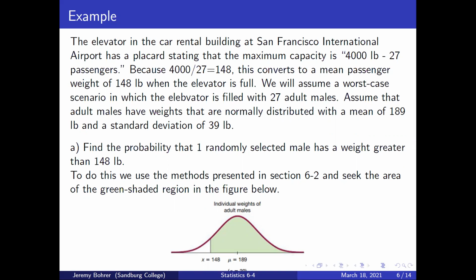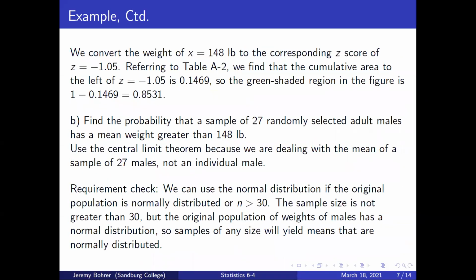To do this, we use the methods presented in section 6.2 and seek the area of the green shaded region in the figure below. We convert the weight of x equals 148 pounds to the corresponding z-score of z equals negative 1.05. Referring to table A2, we find that the cumulative area to the left of z equals negative 1.05 is 0.1469.